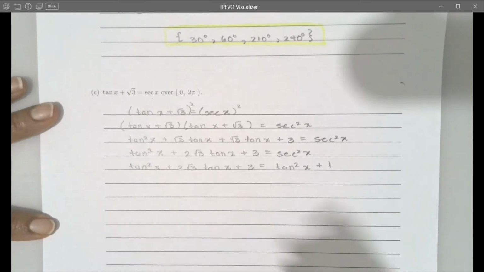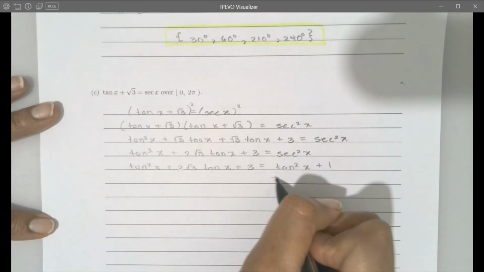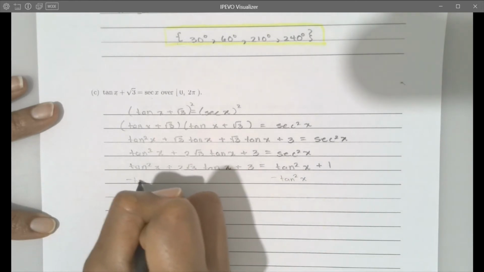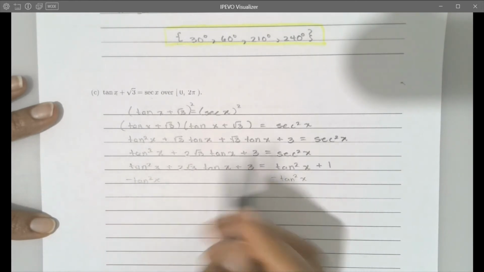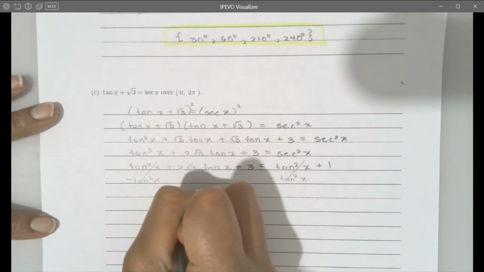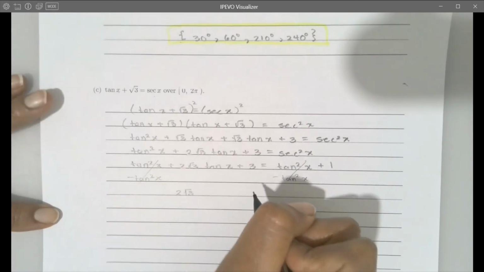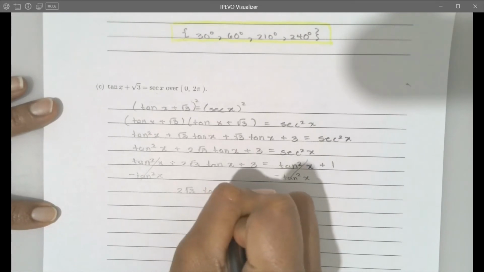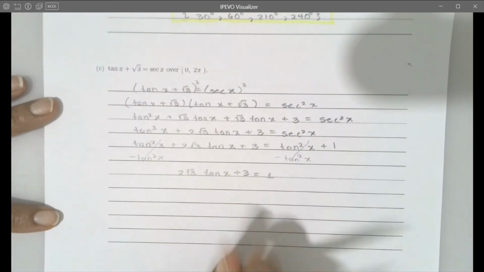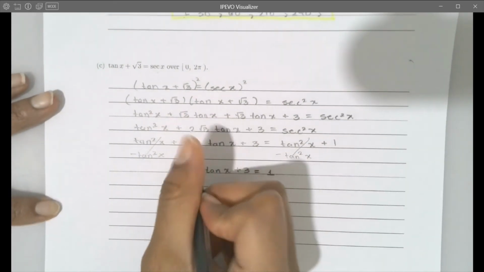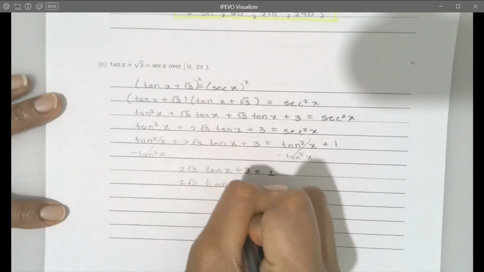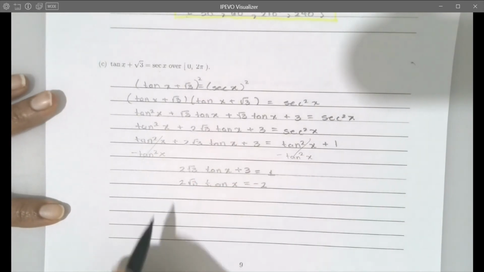Notice what's really nice about this is that now if we subtract tan squared x from the right-hand side, we have to do it from the left-hand side, and these are going to completely subtract out to 0. So we're just going to be left with the equation 2 square root of 3 tan x plus 3 is equal to 1. Subtract the 3 from both sides, and we'll get 2 square root of 3 tan x is equal to negative 2.